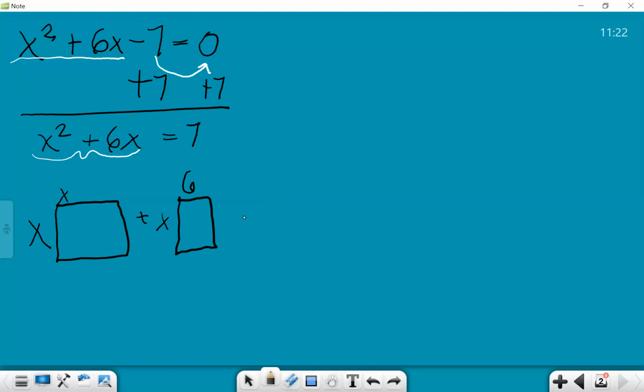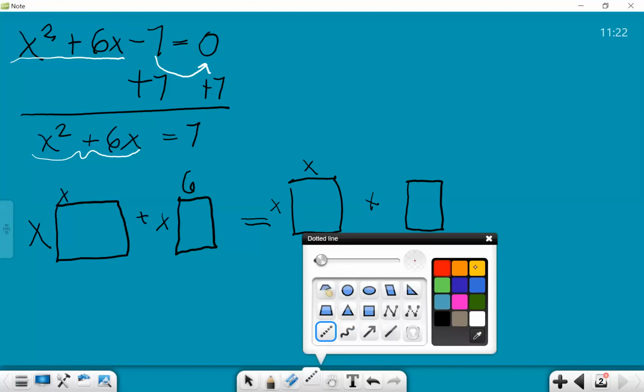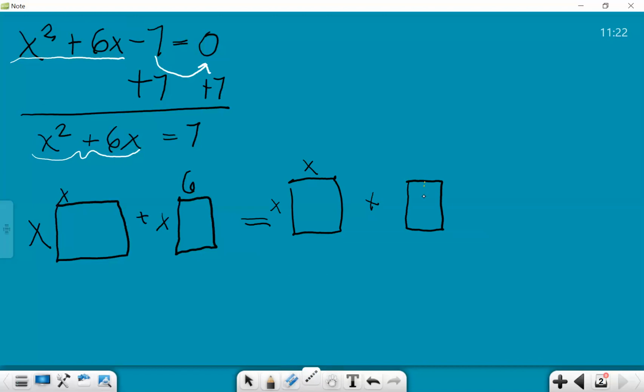So here's what we're going to do. We still have this square that is x by x. And we're going to do something kind of counterintuitive here. I'm going to take this rectangle that's 6 by x, and I'm going to cut it in half. So I'm going to chop it in half right down the middle. If you guys can kind of pretend with me that that's right down the middle.